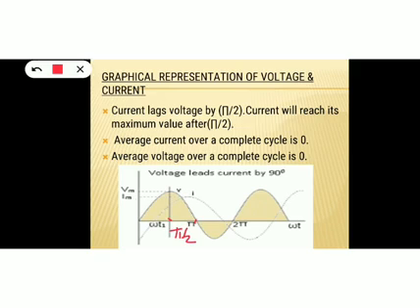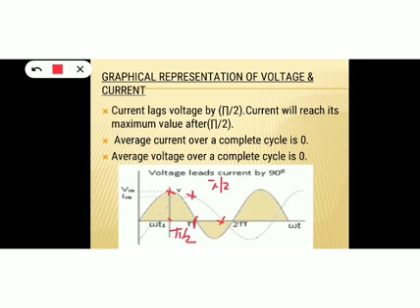So voltage has reached its maximum value at pi by 2, but current has reached its maximum value at pi. So what is the phase difference between pi and pi by 2? Pi minus pi by 2 is pi by 2 itself. Again, voltage becomes 0 at pi, but current becomes 0 at 3 pi by 2.